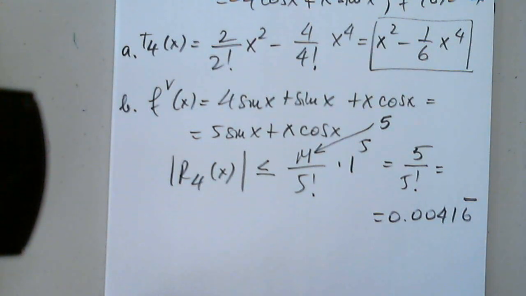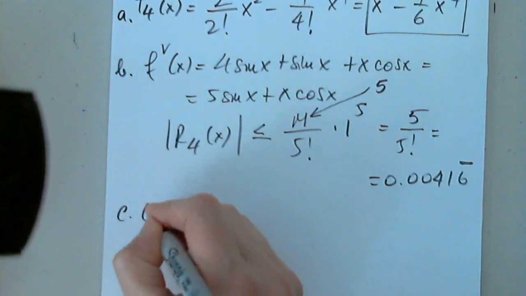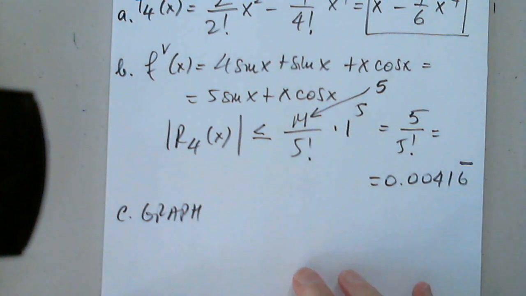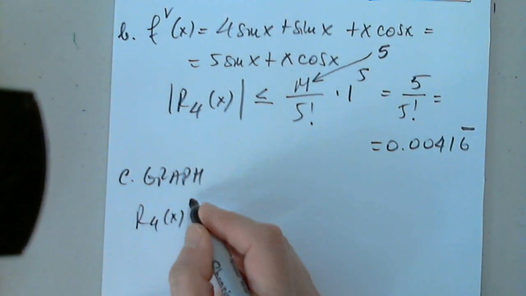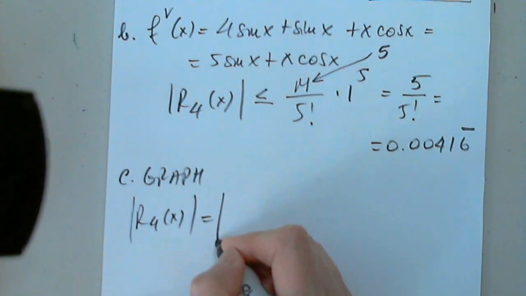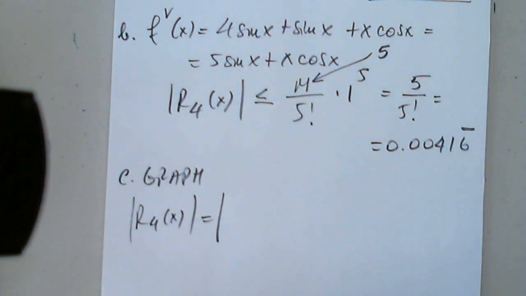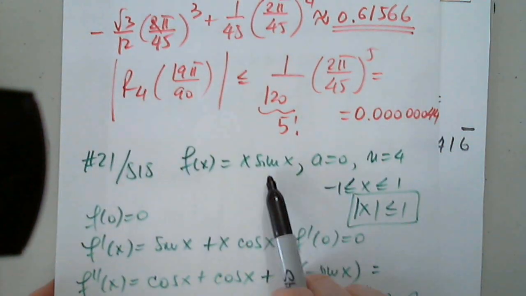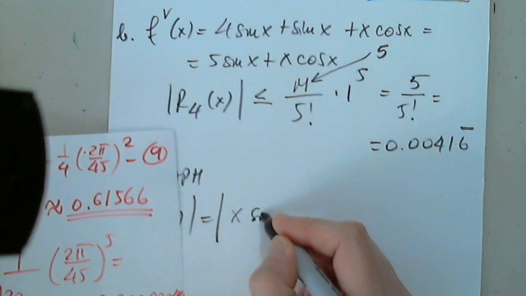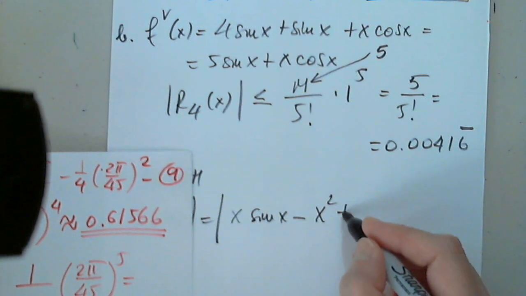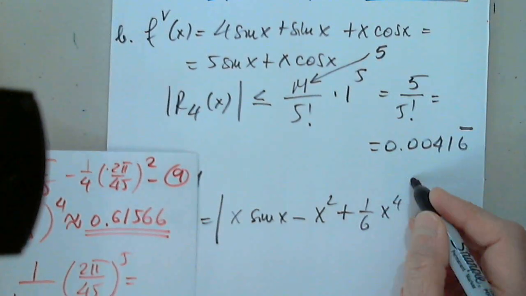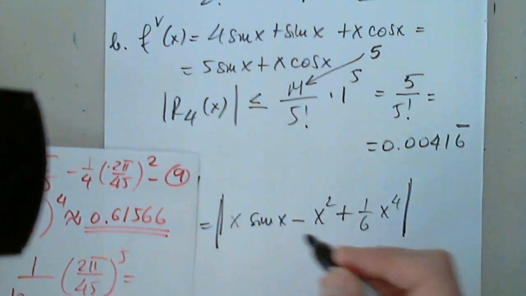And yes, in part C, we're also asked to graph. So to graph R4, remember we have the absolute value of x sine x minus x squared plus 1/6 x to the fourth in absolute value.